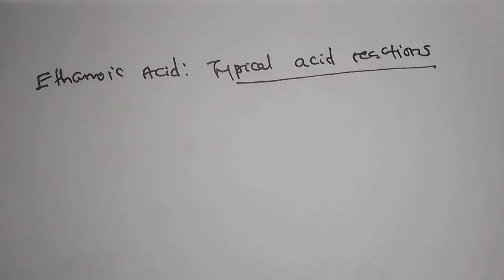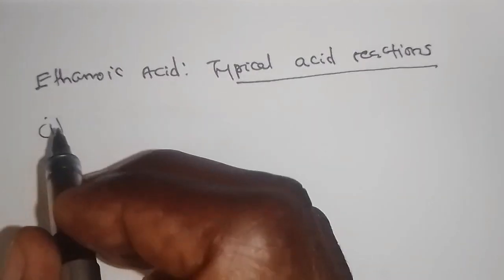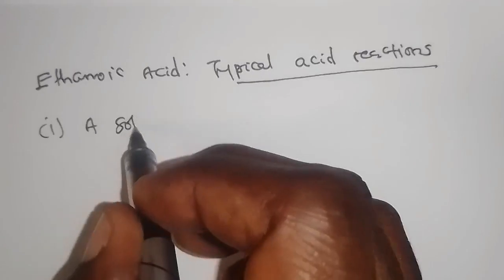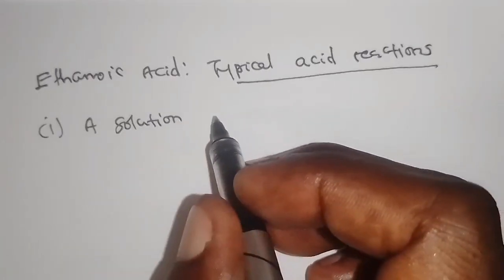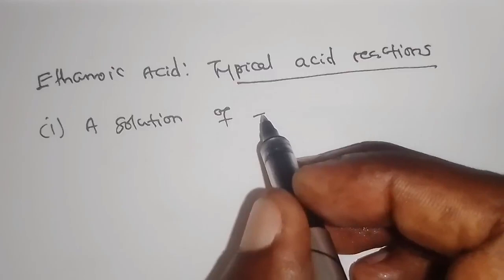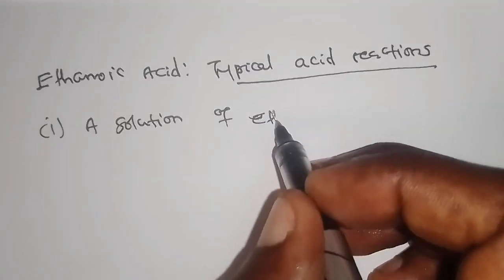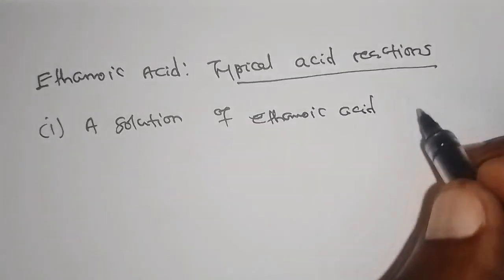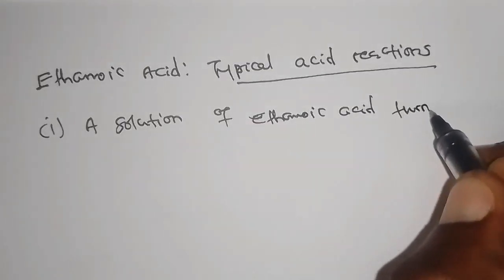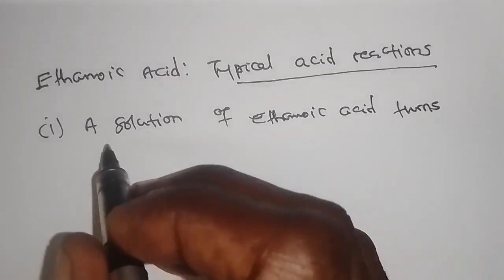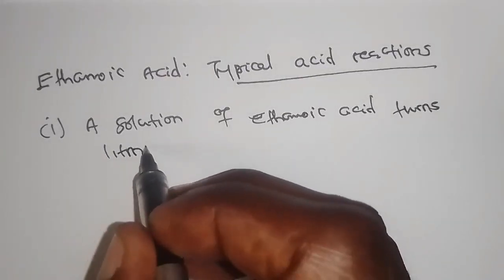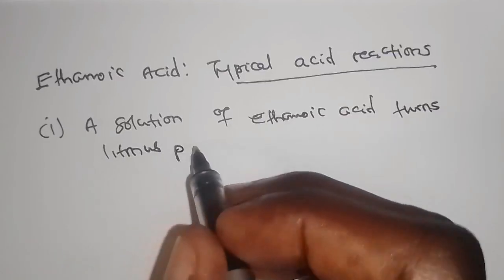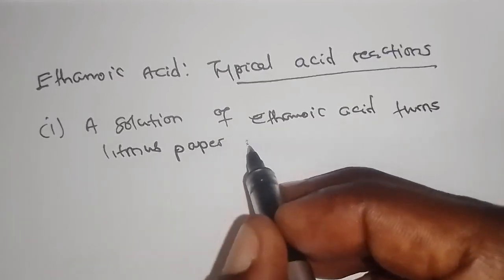Under this one, we talked about a solution of ethanoic acid normally turns litmus paper red.